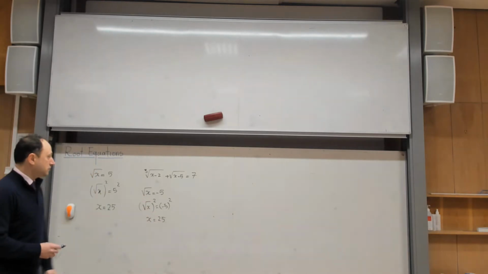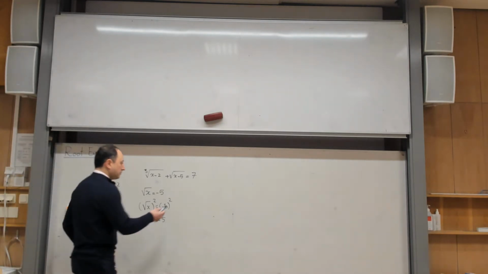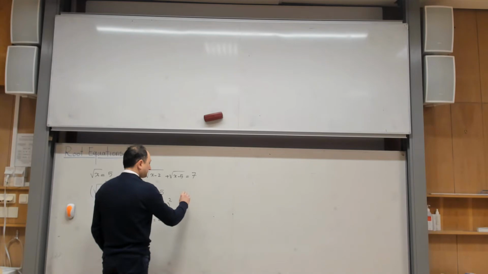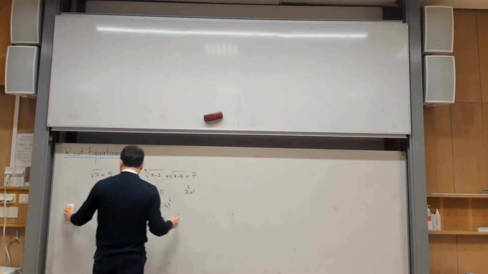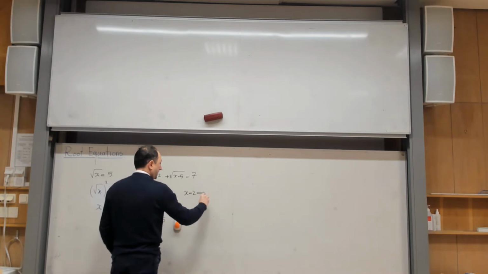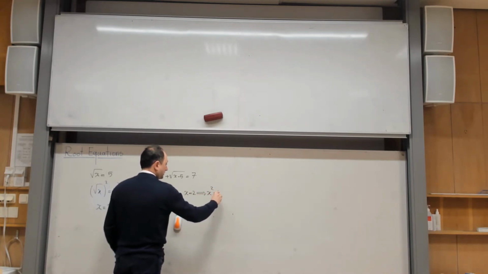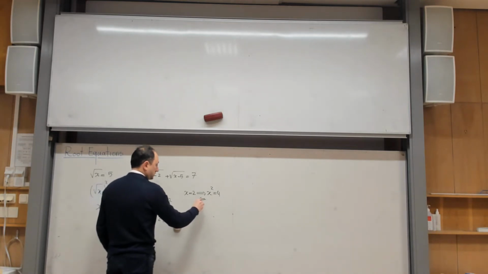The problem is that these things are not equivalent if I have an even root. For example, if x is equal to 2, then x squared is 4. This is guaranteed, but not the other way around.